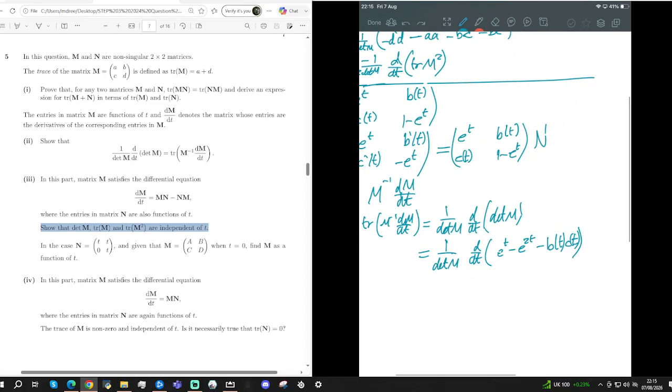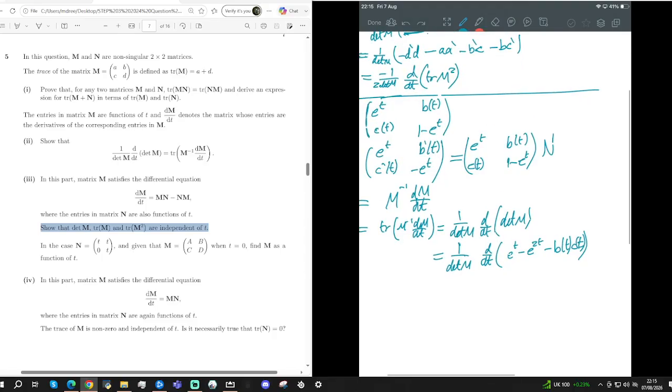So what happens if I just pick the bt and ct to cancel this perfectly? Well, if I pick b of t to be e to the t and c of t to be 1 minus e to the t, that's going to give me a determinant of 0. I don't want a determinant of 0, I want a determinant which differentiates to 0.